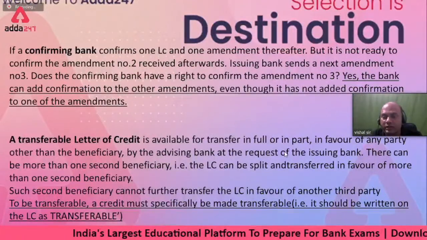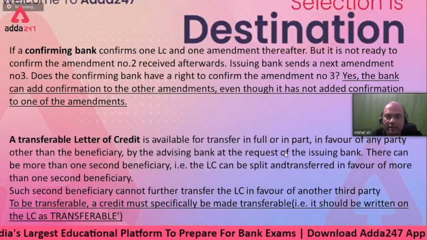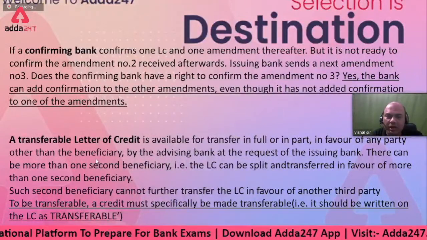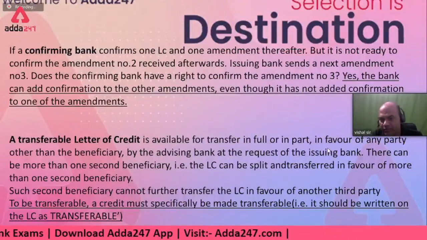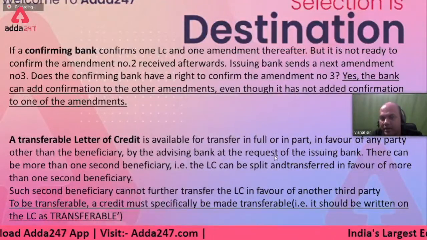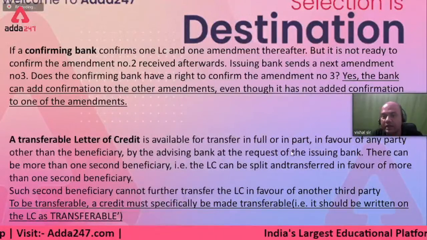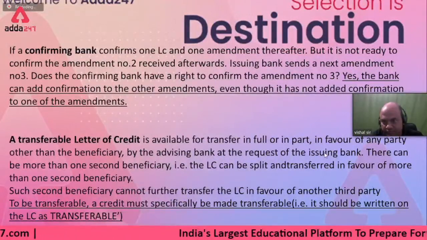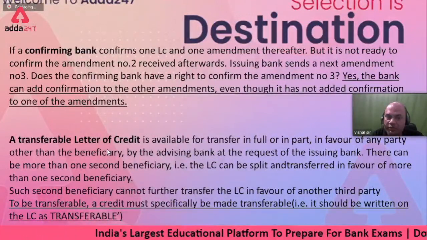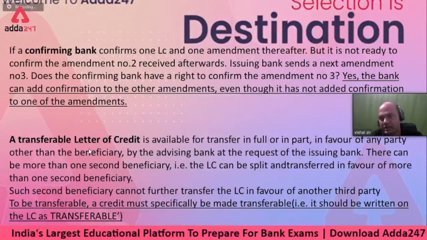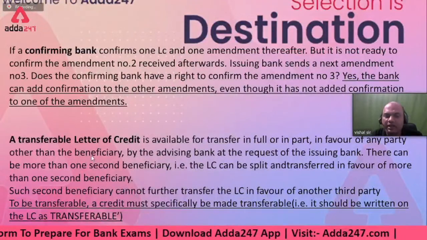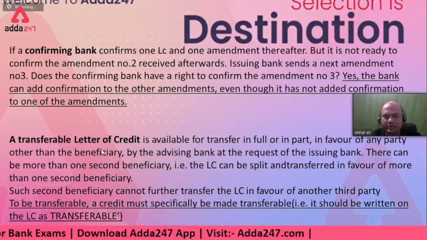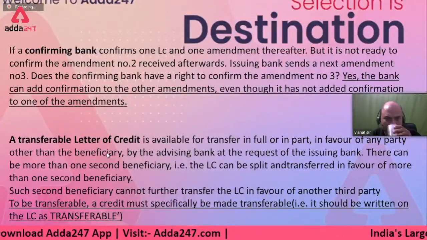But who has to make the request? This request is to be made by the beneficiary. It is not made by the issuing bank. Okay. In the document, it's written that it is transferable, and that is written by the issuing bank. But the transferring part is done by the beneficiary. Okay. And who will bear the charges for transferring? Definitely the beneficiary, the first beneficiary or the seller. Okay.